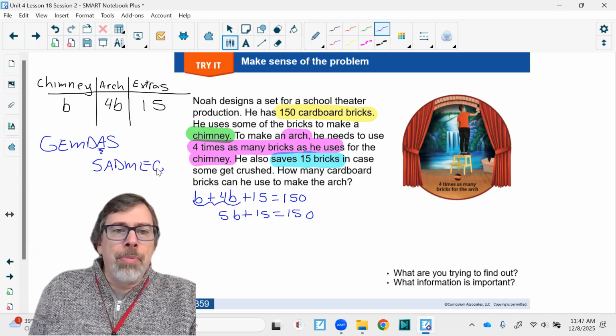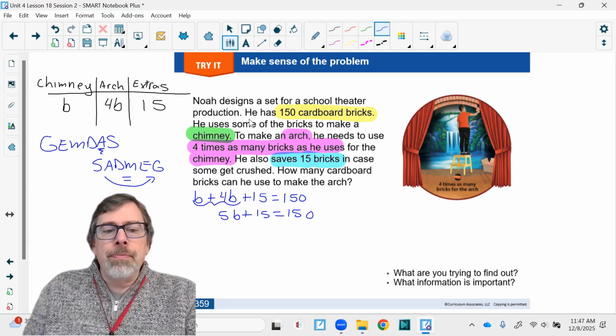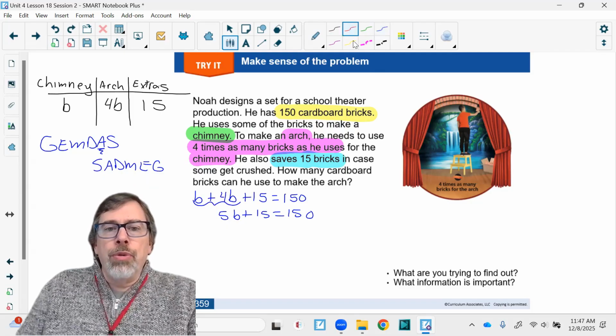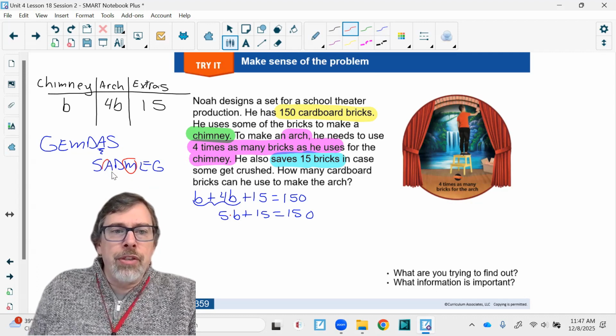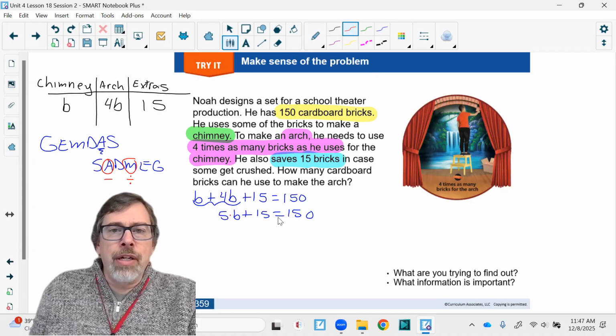That's the order of operations when we're crossing an equal sign and we use our inverses, okay? So what do we have here? We have 5 times B, which is multiplication, and we have plus 15, which is addition. The inverse of addition is subtraction. The inverse of multiplication is division, and we do order of operations inverses to cross equal signs.